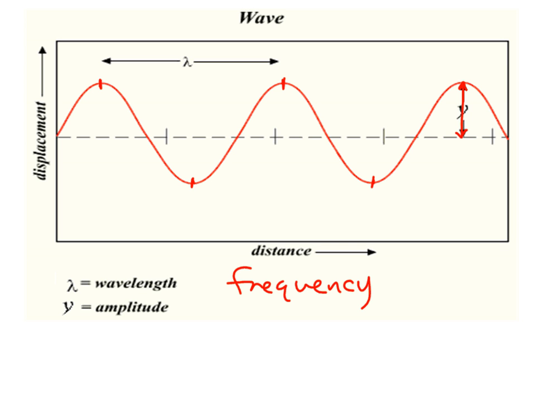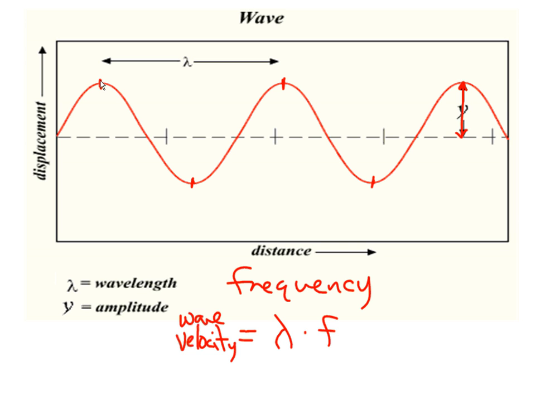The other significant thing here is the relationship between frequency and wavelength. If we take the wavelength, given the symbol lambda, and multiply it times the frequency, we have the wave velocity.